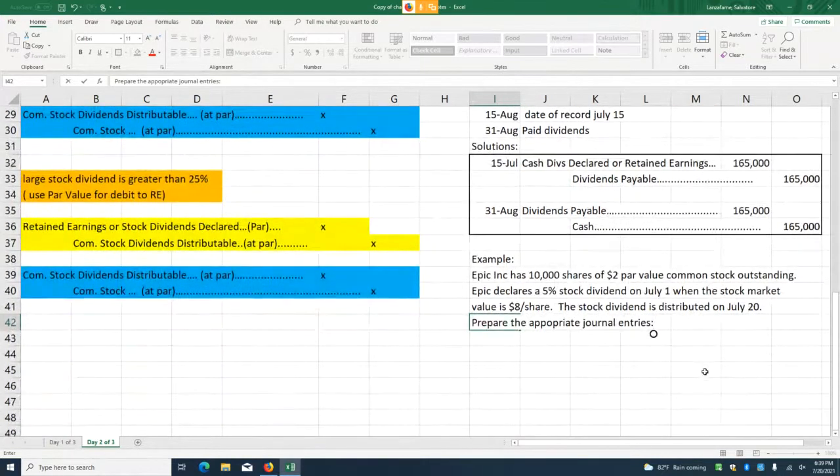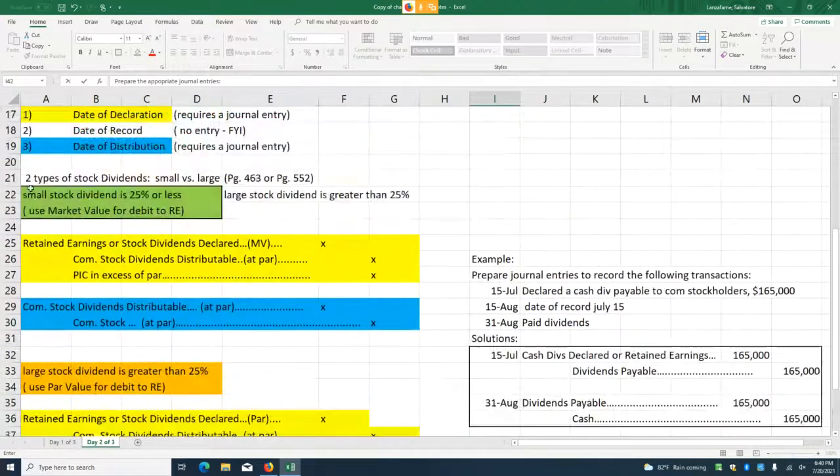Okay, so a couple of things that we need to know here. First off, because this is a small stock dividend, we know that the debit to retained earnings will be for market value. That's the rule right here. So whenever you have a small stock dividend, use market value to record the debit to retained earnings. So just following the rules.